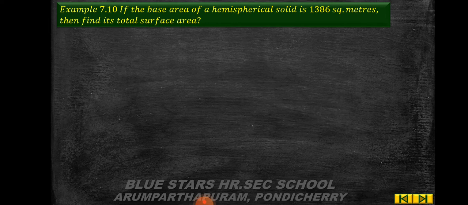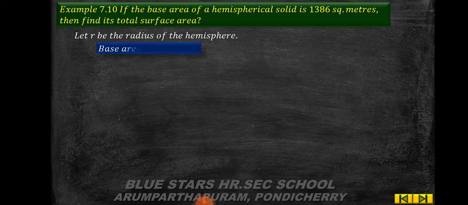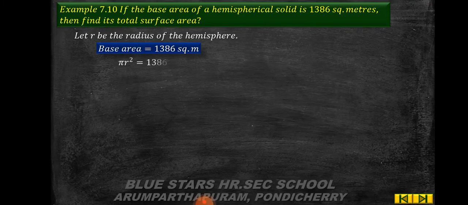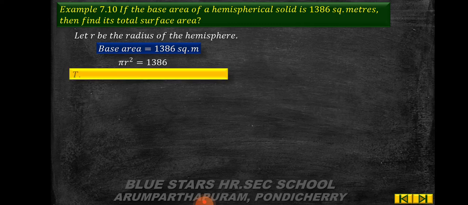Example 7.10. If the base area of a hemispherical solid is 1386 square meters, then find its total surface area. Let R be the radius of the hemisphere. Base area is equal to 1386 square meter. So base area is pi r square is equal to 1386.